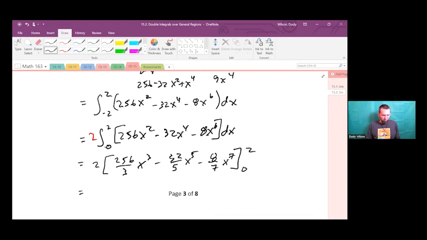So I have 2 times 256 times 2 to the third, divided by 3, minus 32 times 2 to the fifth, divided by 5, minus 8 times 2 to the seventh, divided by 7, which is an ugly fraction, but it's just a fraction. 69632 over 105, or about 663.